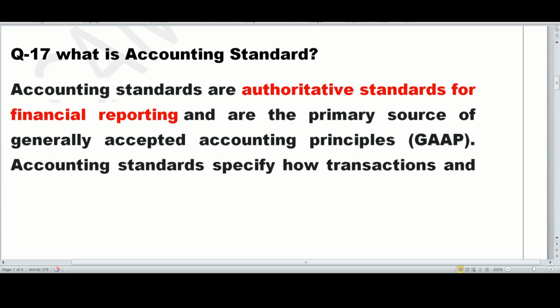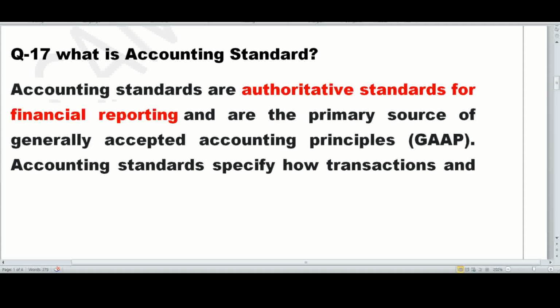It is an authoritative standard, and the source of accounting standard is the GAAP. That means this accounting standard has taken a lot of concepts, guidelines, etc. from the GAAP itself.